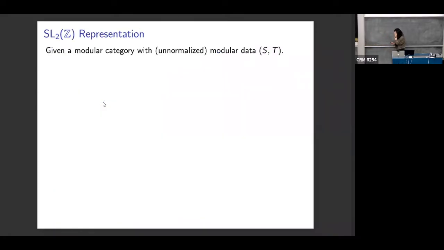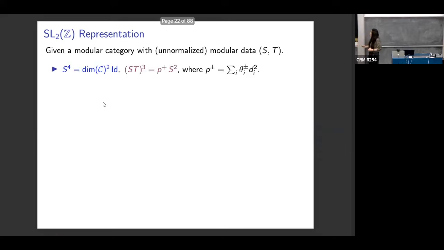So first, given a modular tensor category, we consider the anomalous modular data S and T, and there are some relations in terms of S and T. S to the 4 is the square of the dimension times identity, and (ST) cubed is a scalar multiple of S squared. Here p plus minus is computed this way, which is called the Gauss sum of the modular category.